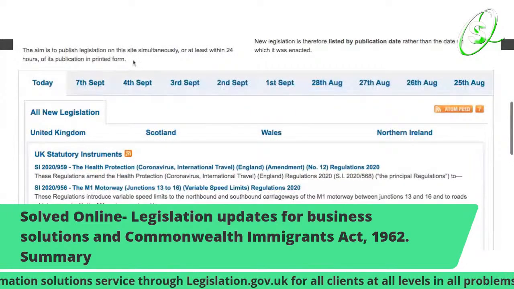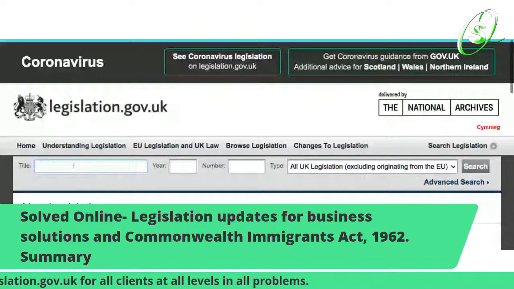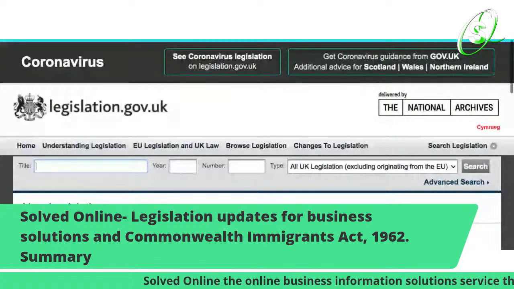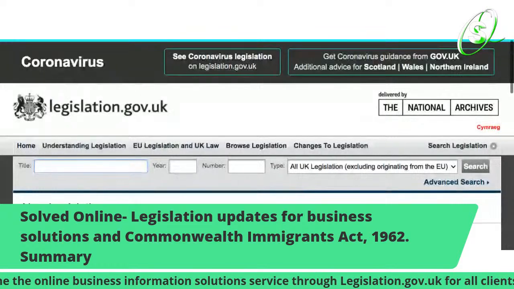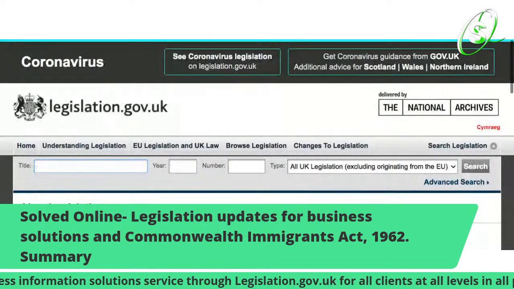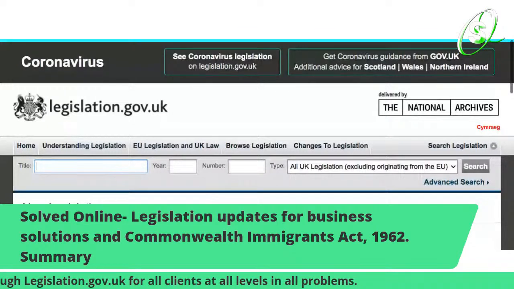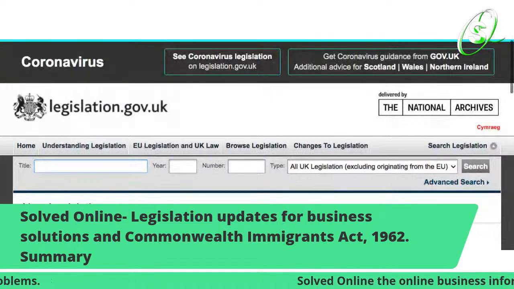This is why, based on who's researching, to find certain laws which help you understand certain directions, appeals or repeals, you have to know where to go, because sometimes it's not on legislation.gov.uk or on the UK archive.